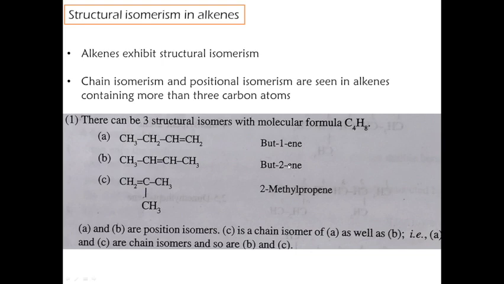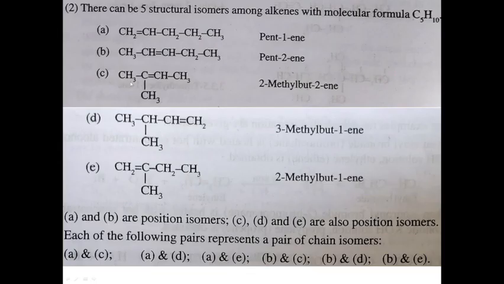So C and D are examples for position isomerism, and these are examples for position isomerism. Okay, and then compared to this and this structure, the hydrocarbon chain is different. So A and C are examples for chain isomerism. A and D, B and C, and B and D are also examples for chain isomerism.